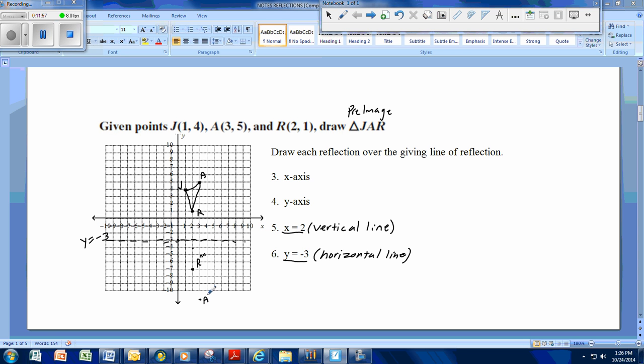Okay, that's my new A. Finally, let's do J. J is 1, 2, 3, 4, 5, 6, 7 spaces away from that line of reflection, so I'm going to go the other direction, the same amount. 1, 2, 3, 4, 5, 6, 7 spaces. There's J quadruple prime. So I'm going to go ahead and connect the dots, and you can see that that triangle was reflected over that line.